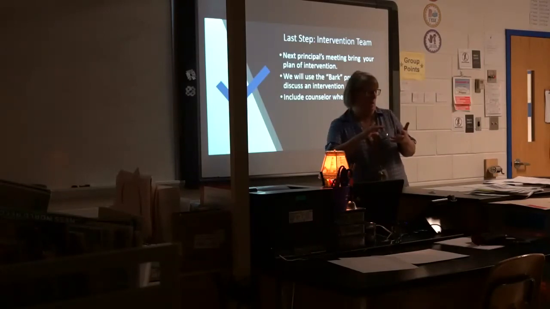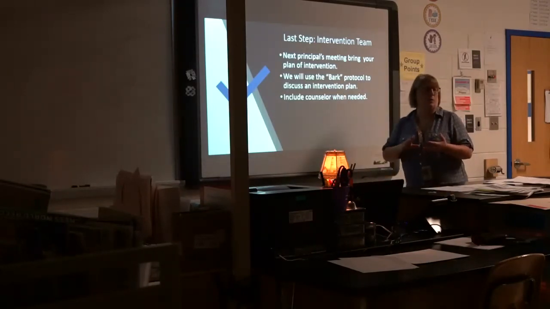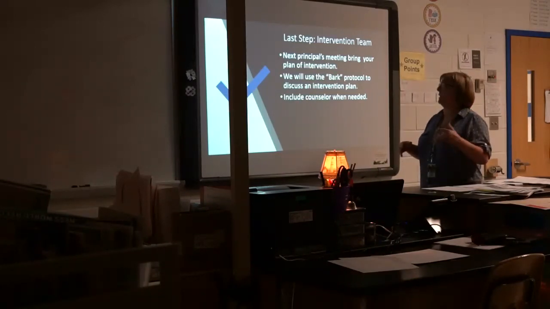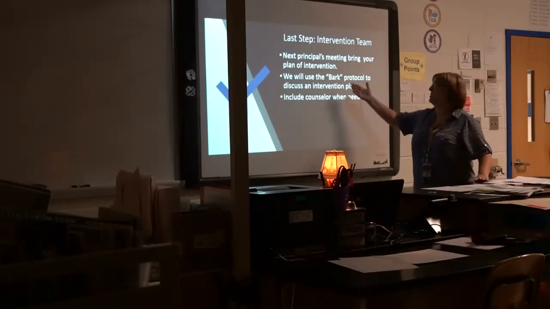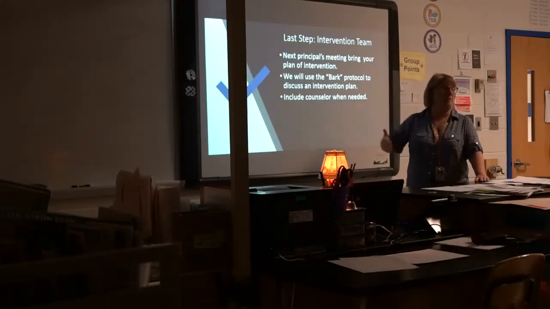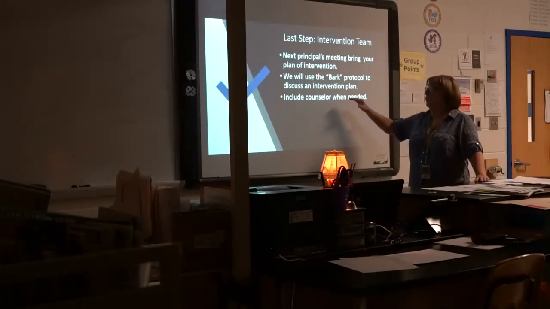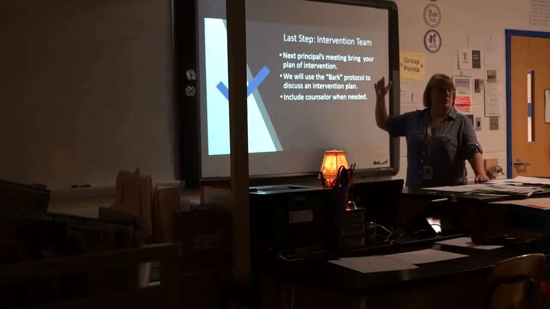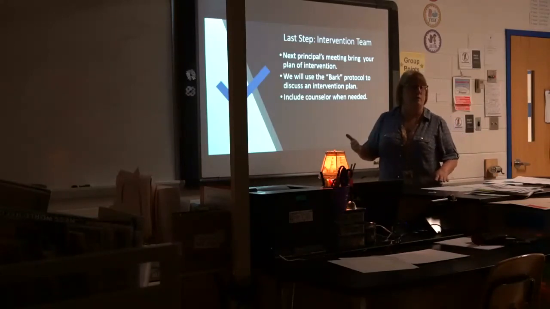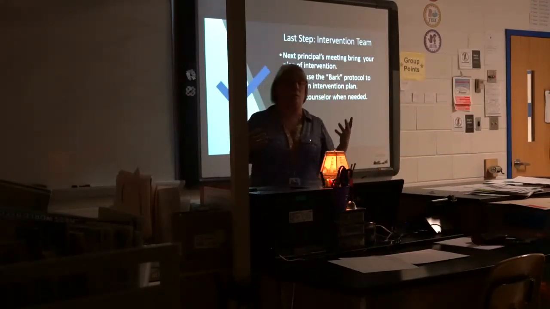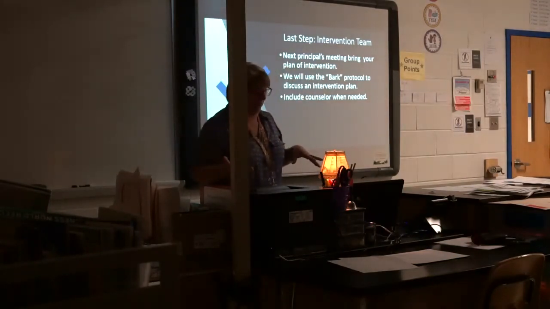We have done remediation. We've talked about it from one content to the other content. And we're going to use that BARC protocol to discuss an intervention plan above and beyond what we've done in there. And then we're also going to include our counselors when needed. And maybe they will need to move from intervention 1 to intervention 2, and we may need to reassess in other areas. And that includes academic and behavior.